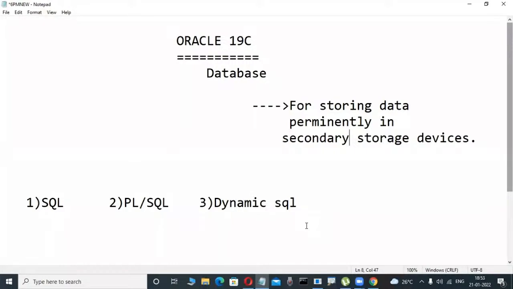ETL developers always need subqueries, joins, materialized views, indexes, partitions, some concepts are required. Overlap features, rank, dense rank, this type of analytical functions, lag and lead, some knowledge is required. And PL/SQL stored procedures.